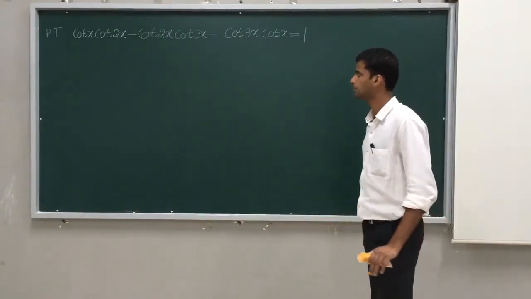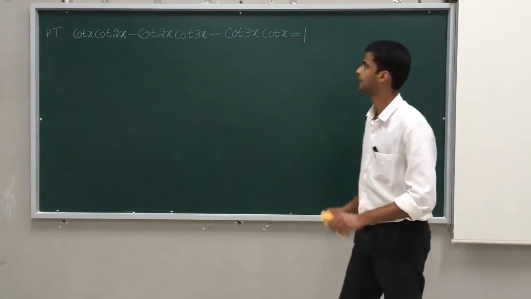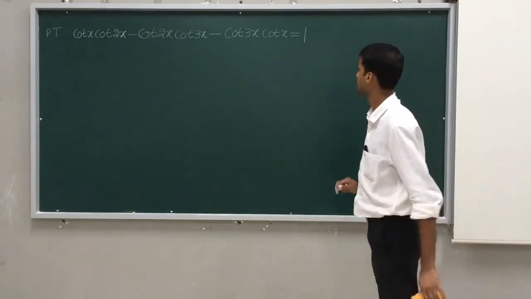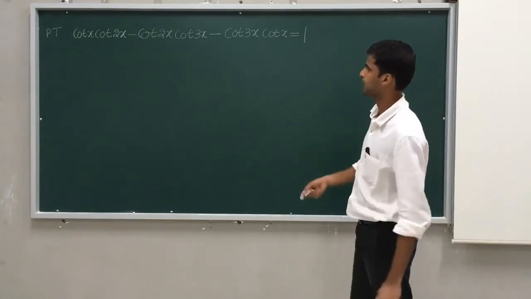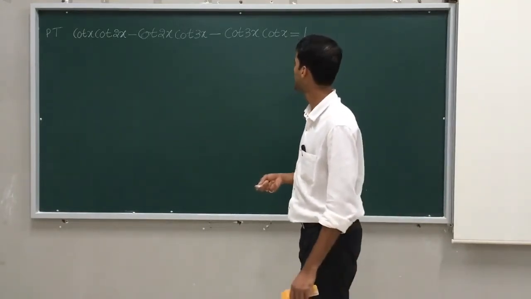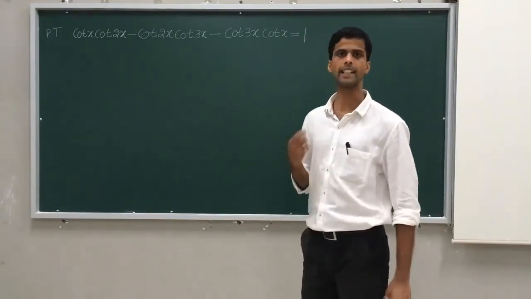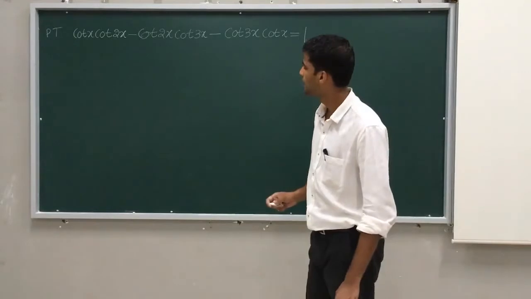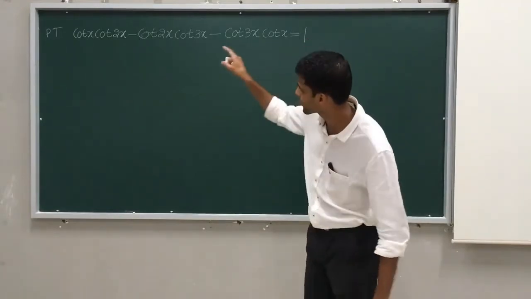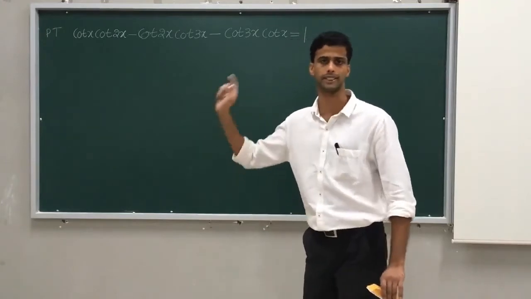In the previous video I solved almost one similar question. Here we want cot x cot 2x minus cot 2x cot 3x minus cot 3x cot x equal to 1. My expectation is that the answer is totally in terms of cot, no tan, sin or cos.